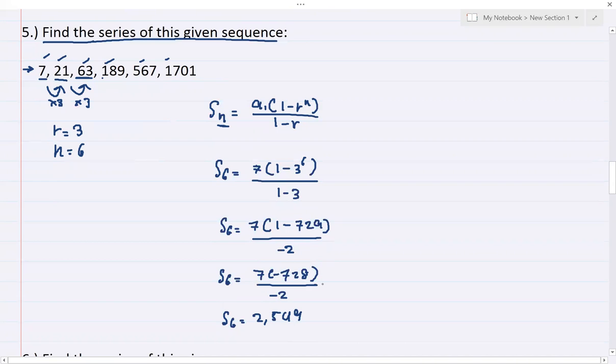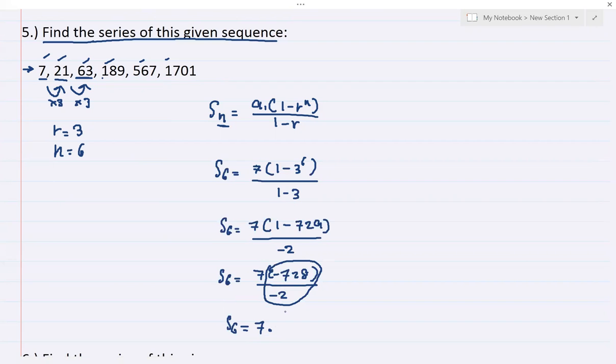So let's try to solve it manually so that you will have the idea of what I mean. Okay. First, I can divide negative 728 by negative 2. So if I divide them both, I will have 7 times positive 364.